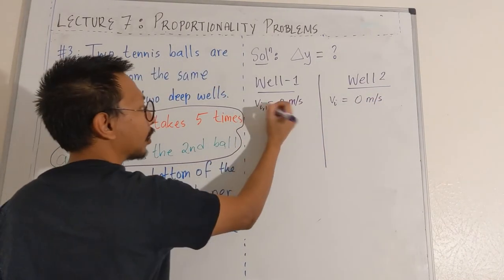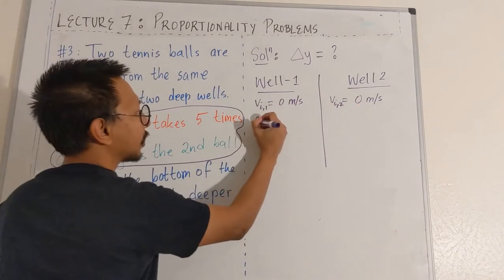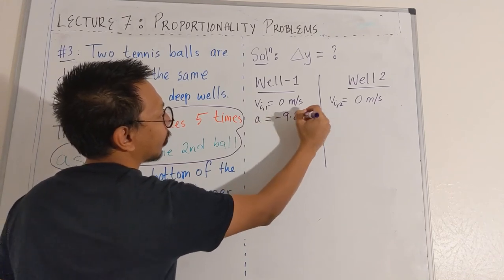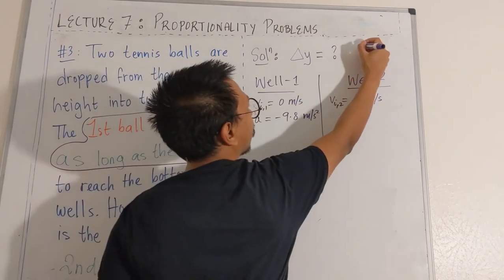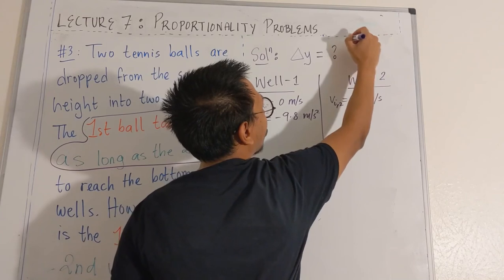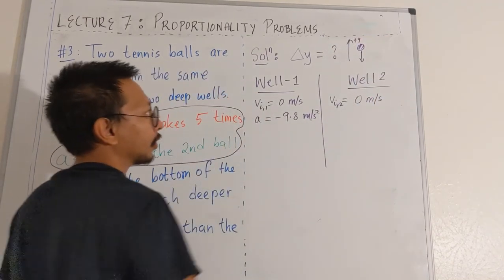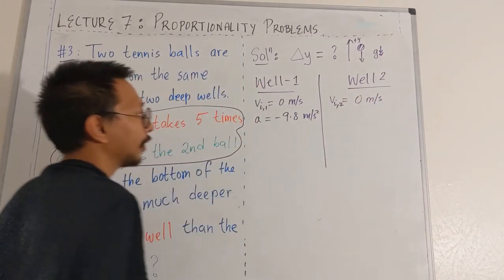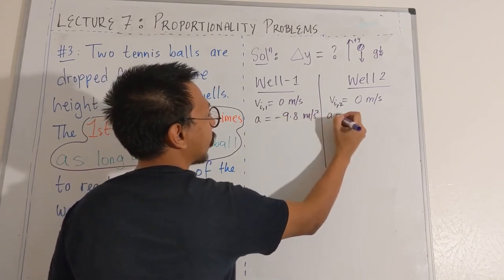Let's call them 1 and 2. Also, we know that acceleration is negative 9.8 meters per second squared, because we usually denote upward to be our positive y direction. So the acceleration is always downwards due to gravity, which is why it is negative. So acceleration is the same in both cases.